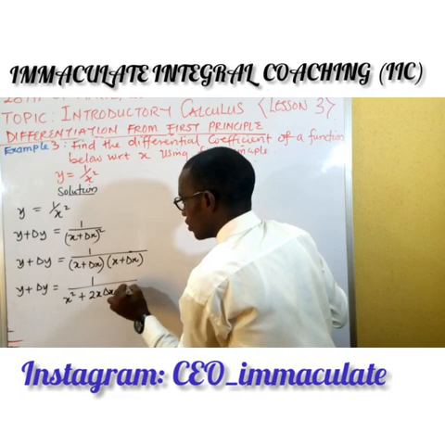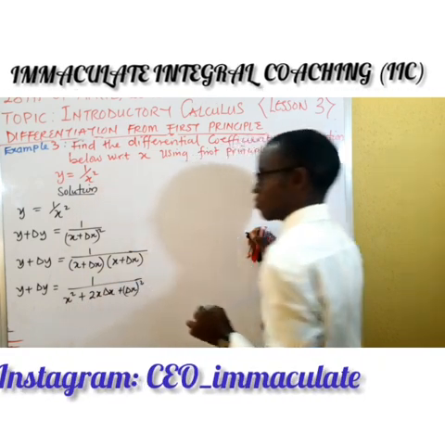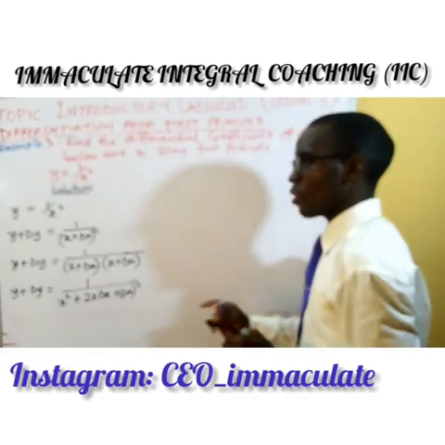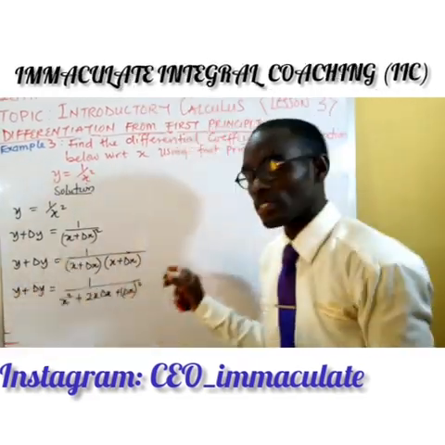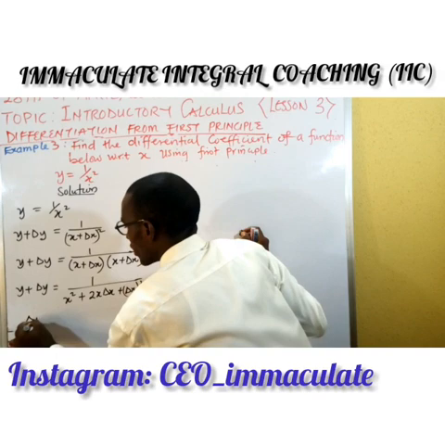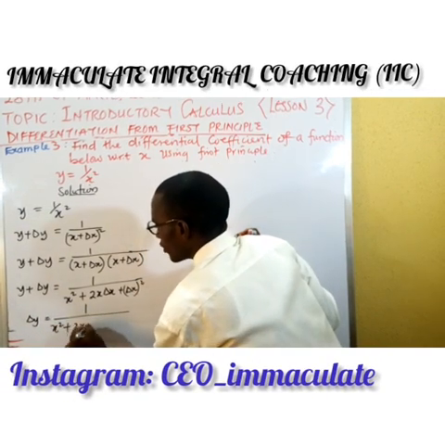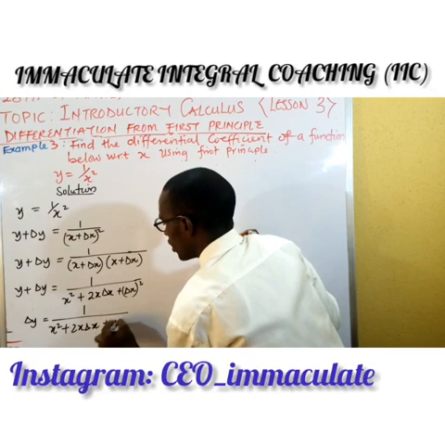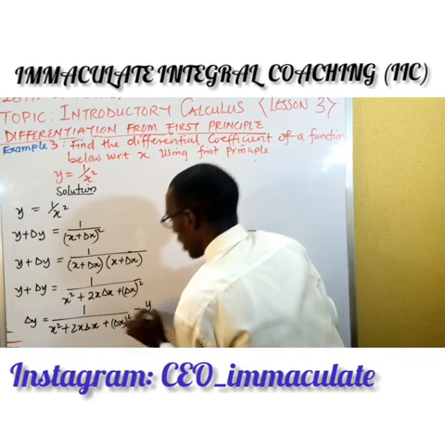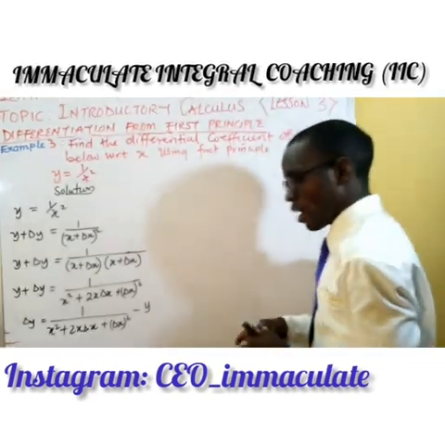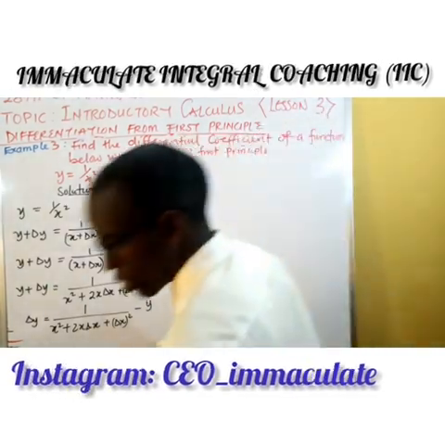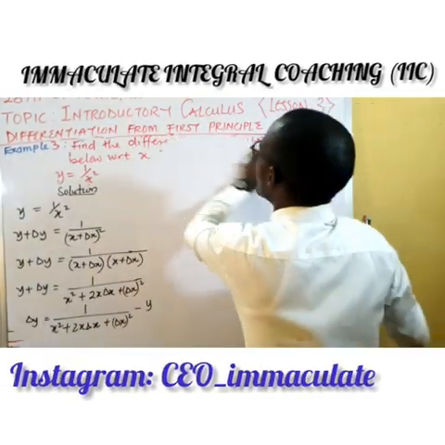δx plus δx squared. Okay, so from here, what I need to do, we take this y to the other side. So it's free. δy equals 1 over x squared plus 2xδx plus δx squared, minus y. So from here, we have to clean this.